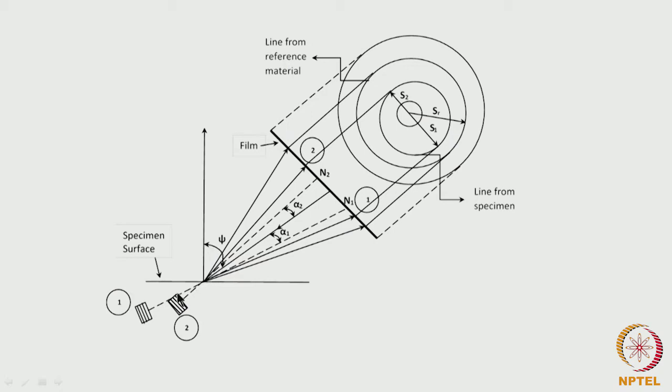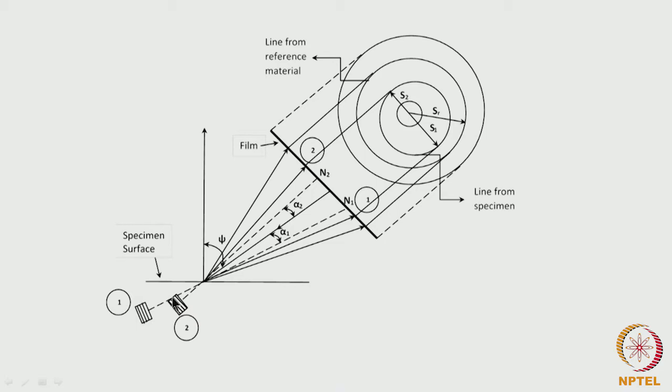In this particular case and in this particular case, the strains will not be the same, and the plane normal is given by n1, and this plane normal will not be at an angle phi, but at an angle phi plus alpha 1.